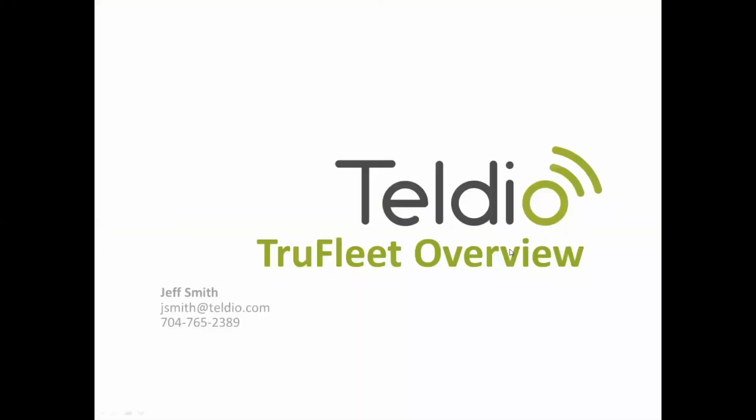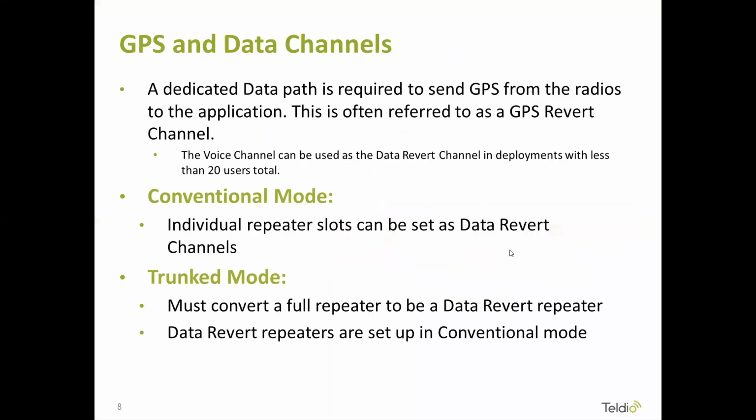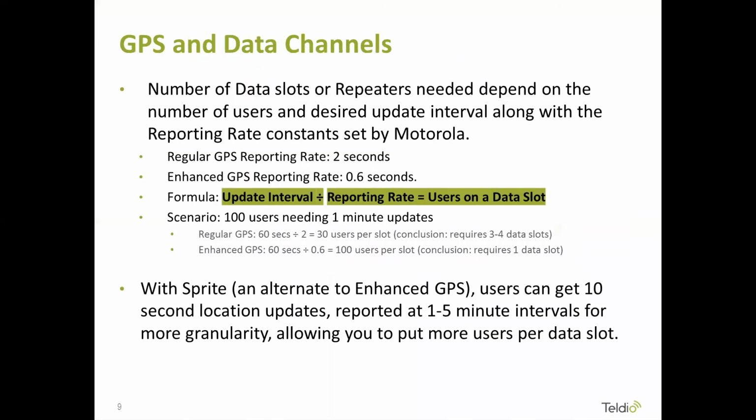There is a cost for the Sprite firmware and the Sprite box, which is what will give you those 10-second updates reported at 2 to 5 minute intervals. But software-wise, there's no different pricing for that. For the actual pricing, you can reach out to the sales reps, and we will send you pricing for your particular system.